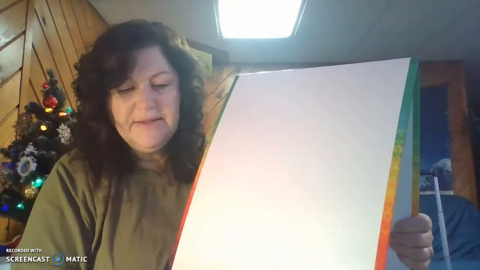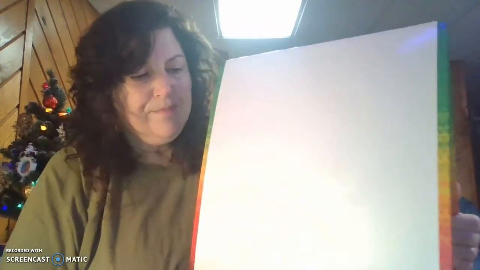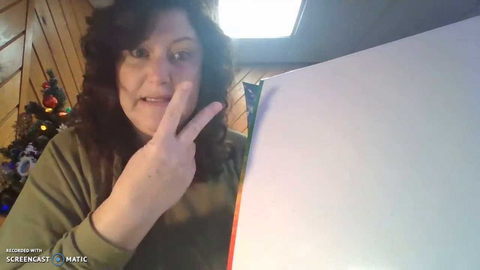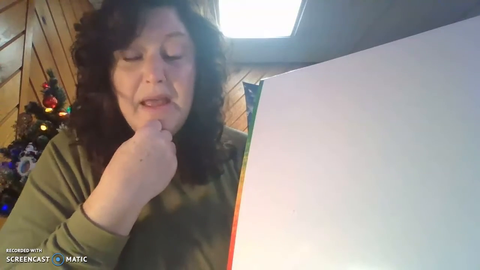Okay. All right. So we have hopefully mastered closed syllable, open syllable, silent E syllables. Those vowel teams are tricky. And consonant LE, pretty easy to notice on the end of a word.